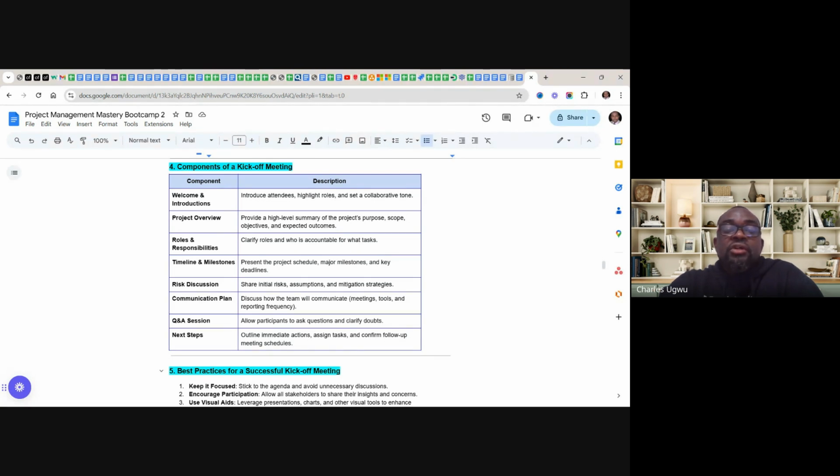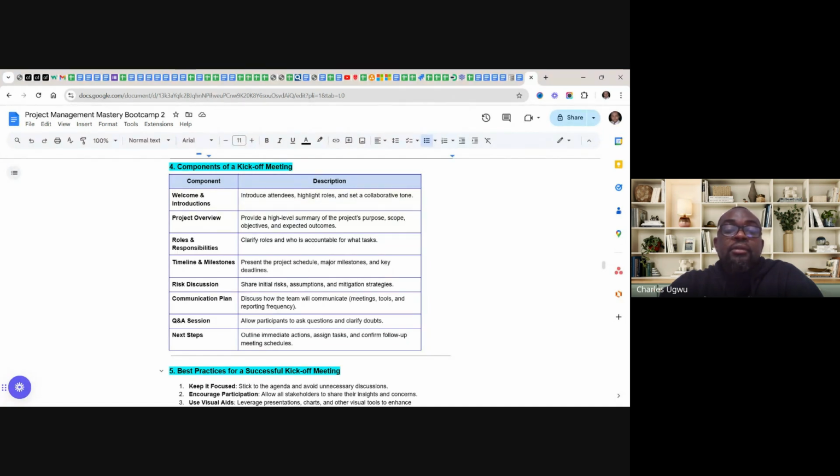Risk discussion: share initial risks, assumptions, and mitigation strategies. If there are any of these expected risks or you are already foreseeing them, you talk about them and how you plan to handle them. And some people can equally make contributions.